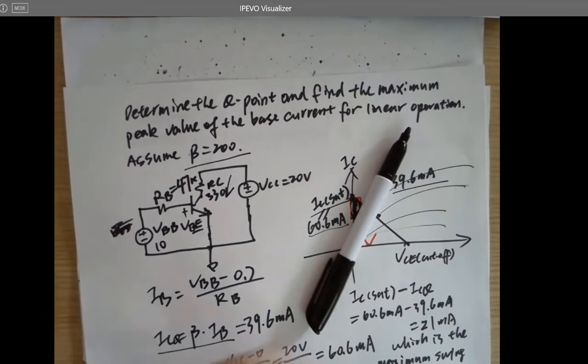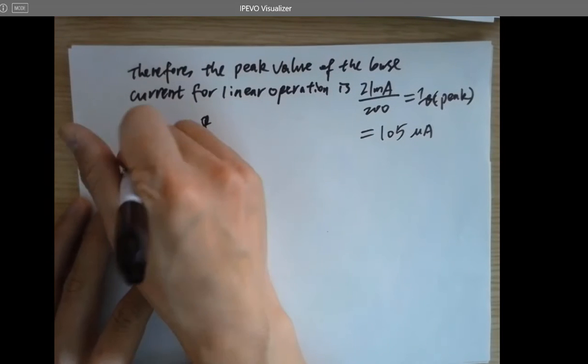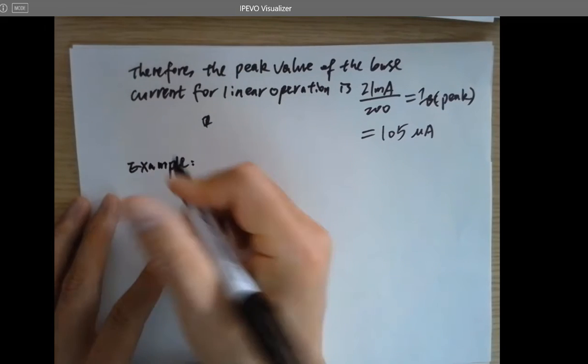There's a different configuration which has a little RE connected to the emitter terminal. Another example.